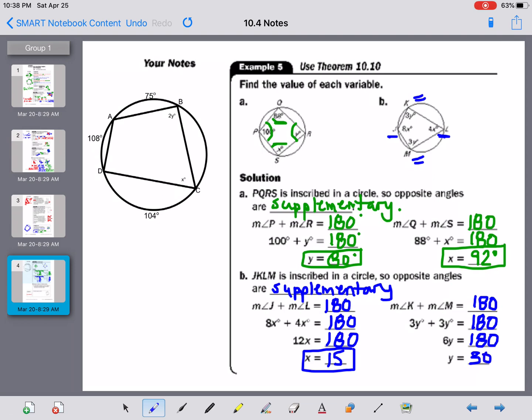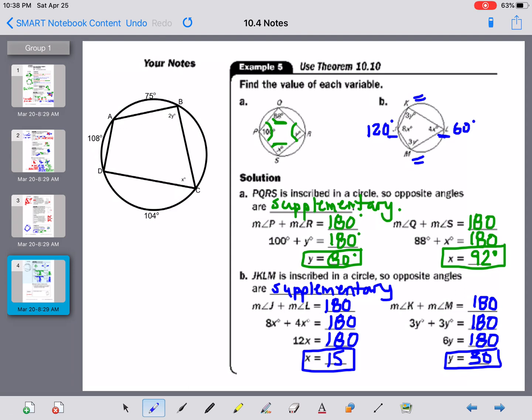All right, just a quick note. I'm going to plug these back in. I should have done it on A. I'm going to just skip that, but go to B. If I plug in x equals 15, 4 times 15 is 60. 8 times 15 is 120. When I add those together, do they equal 180? They do.